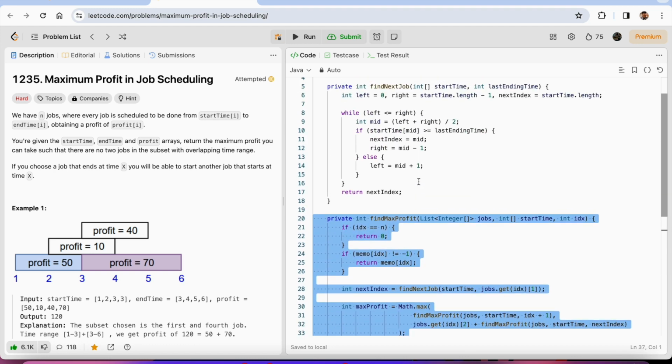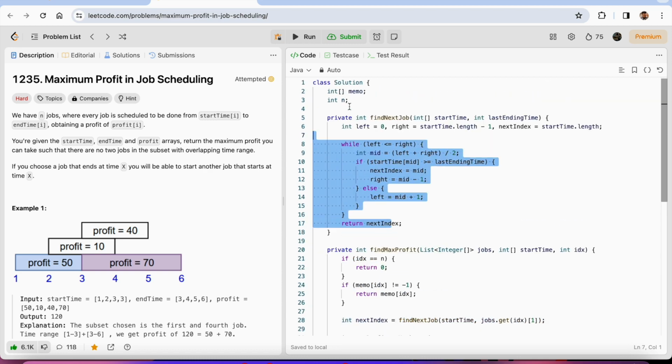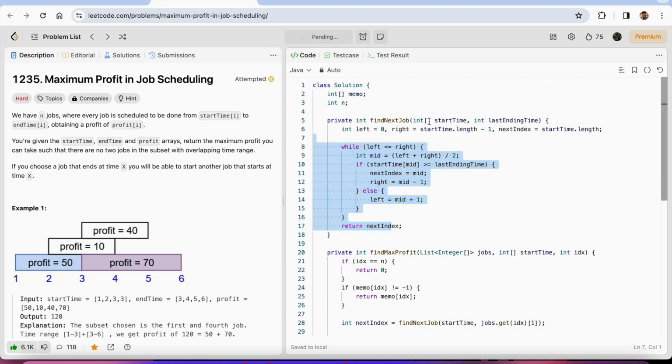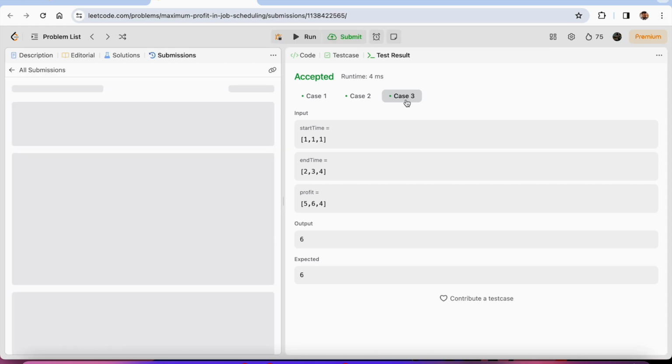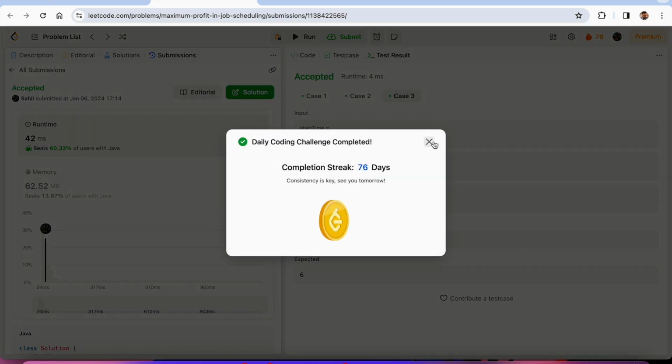To search the next index, I'm using binary search. So it is using top-down DP with binary search. Sample test cases are passed, submitting the problem. Now it's submitted successfully.